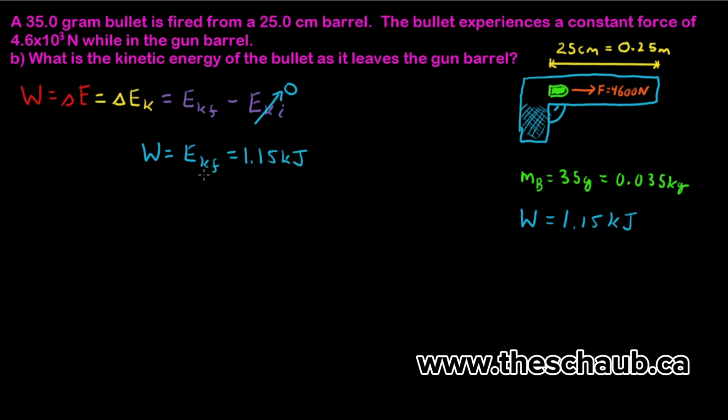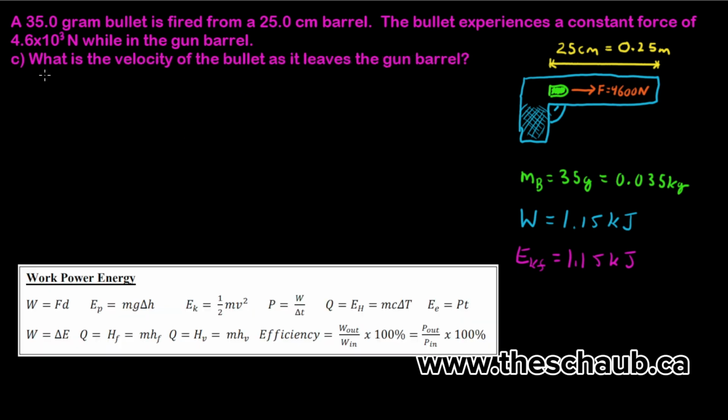So what is the kinetic energy of the bullet as it leaves the gun? It's the same as the amount of work the gun does on the bullet, and that's 1.15 kilojoules. We can also add this value to the side for future calculations. So the kinetic energy final of the bullet is equal to 1.15 kilojoules. And now we're ready to solve part C.